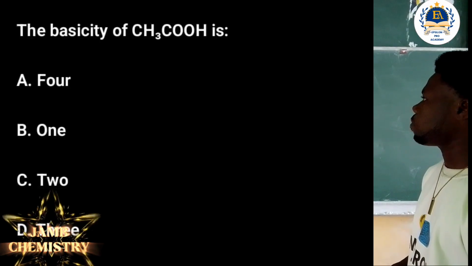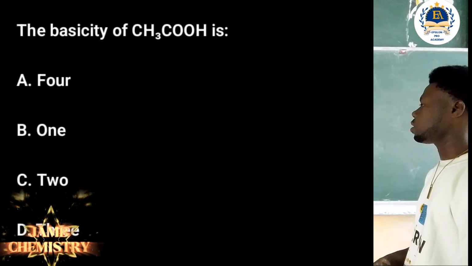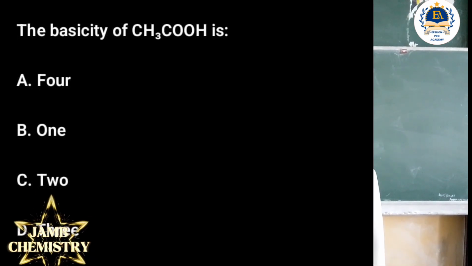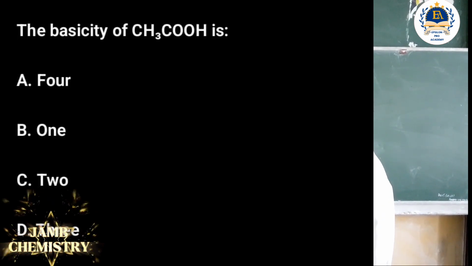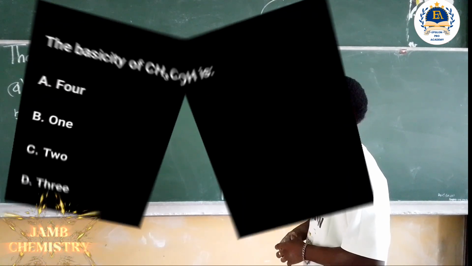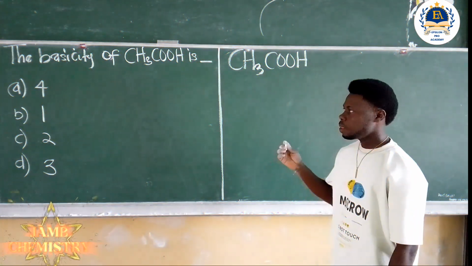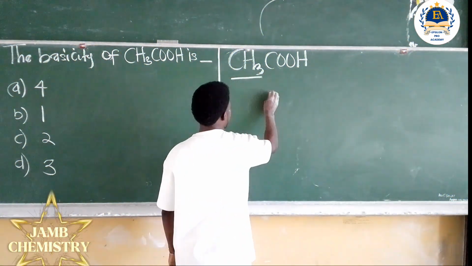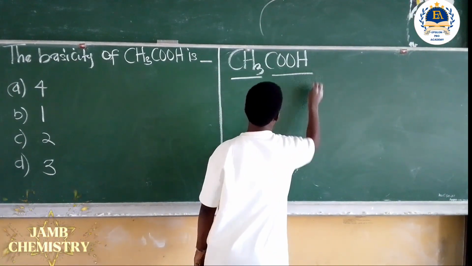The basicity of CH3COOH is dash. Option A 4, B 1, C 2, and D 3. In this formula, we have the alkyl group and we have the carbonyl group.